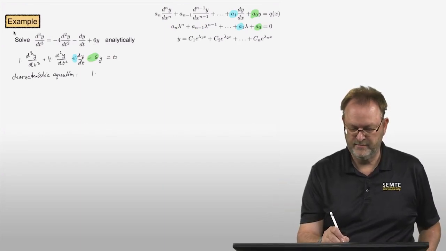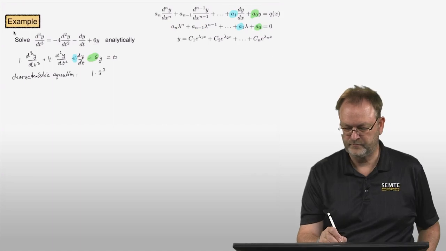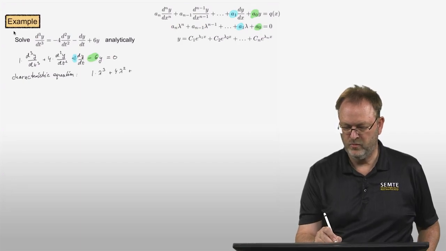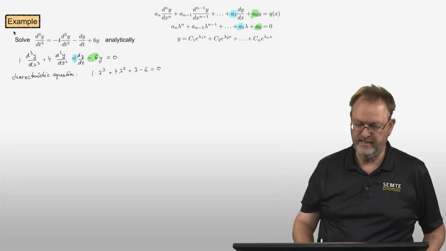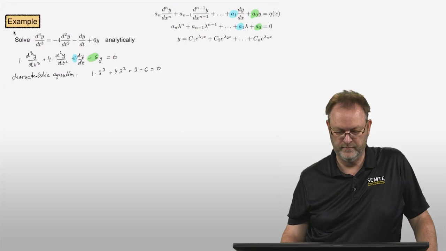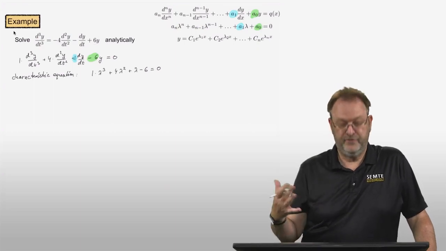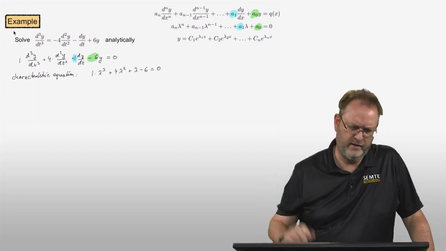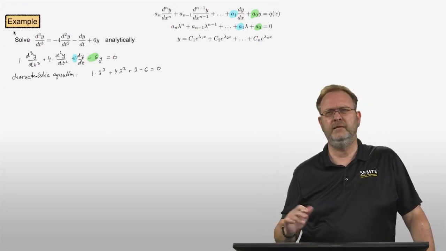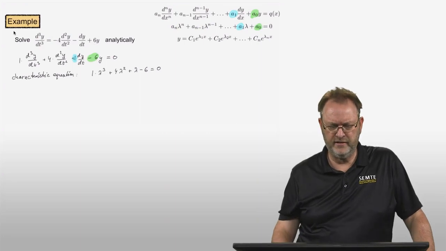So it's 1 times lambda cubed plus 4 times lambda squared plus 1 times lambda minus 6, that's the a0, that is equal to 0. And now we have to find the roots of this equation. Well, it's a cubic polynomial, and there are analytical methods of finding the roots of a cubic polynomial.